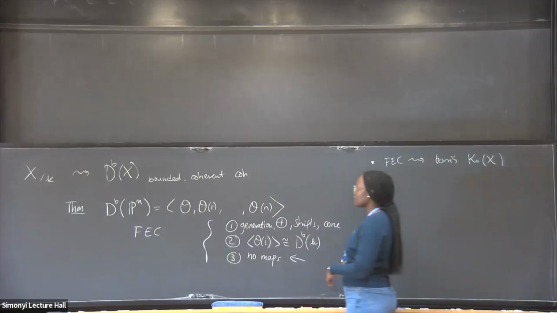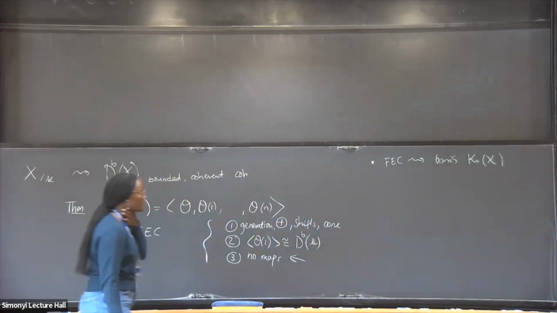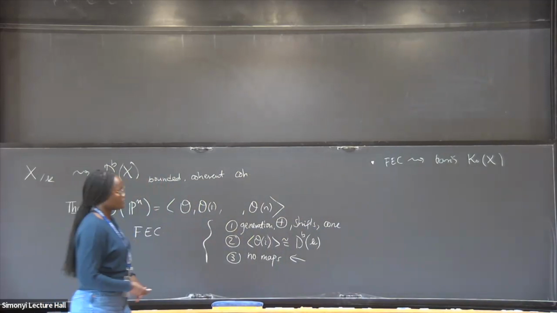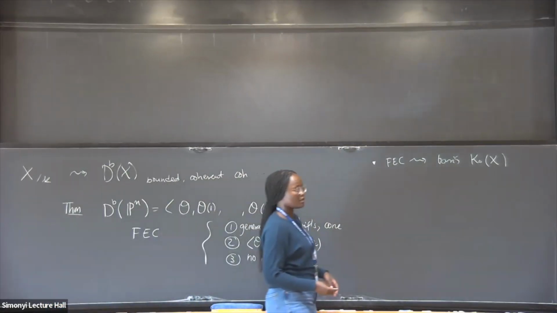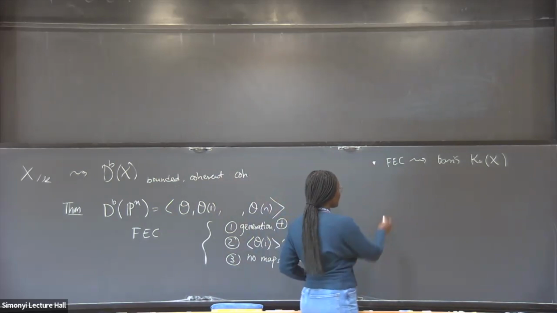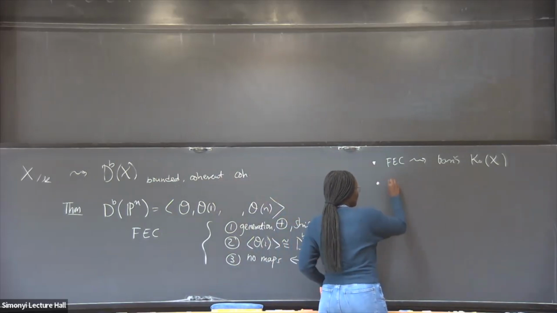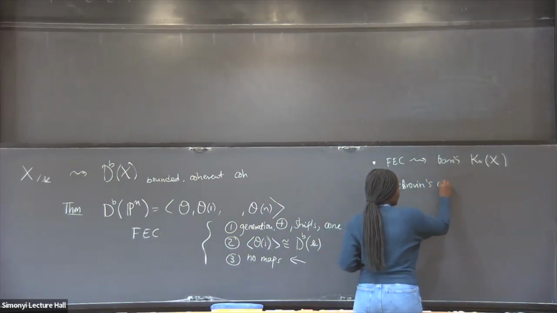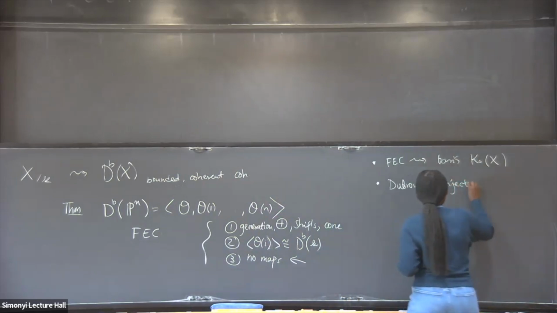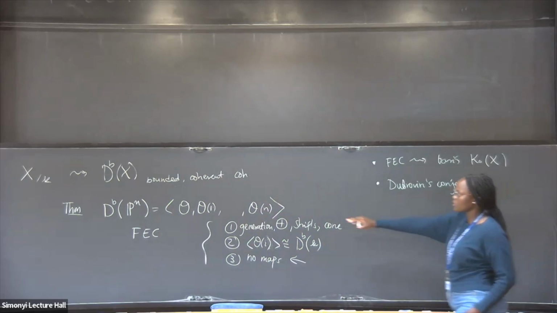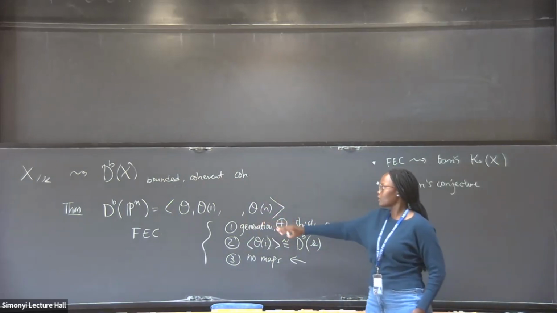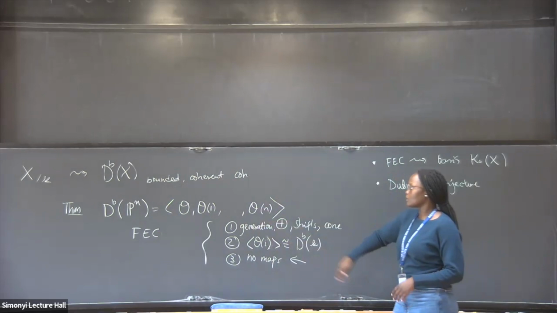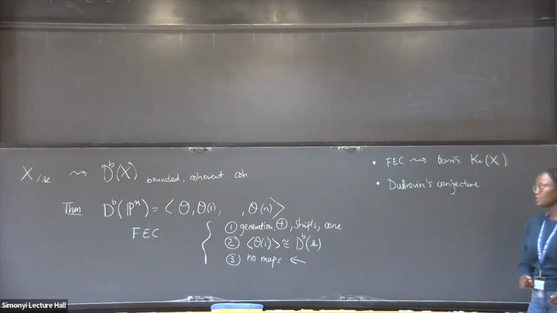But in fact, this sort of structure is related to many interesting questions relating to the geometry of X. One is this so-called Dubrovin's conjecture. Dubrovin used this collection on Pn to show that the big quantum cohomology of Pn is semi-simple.